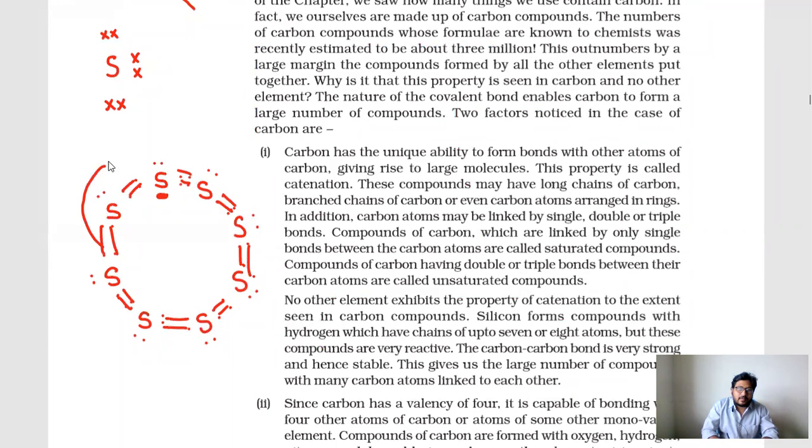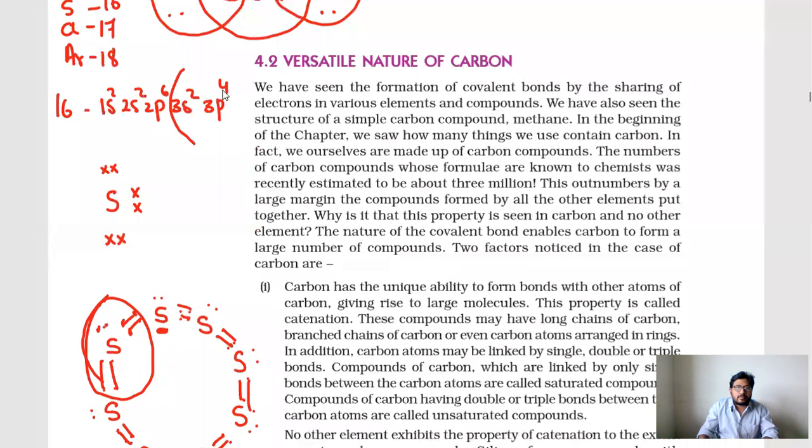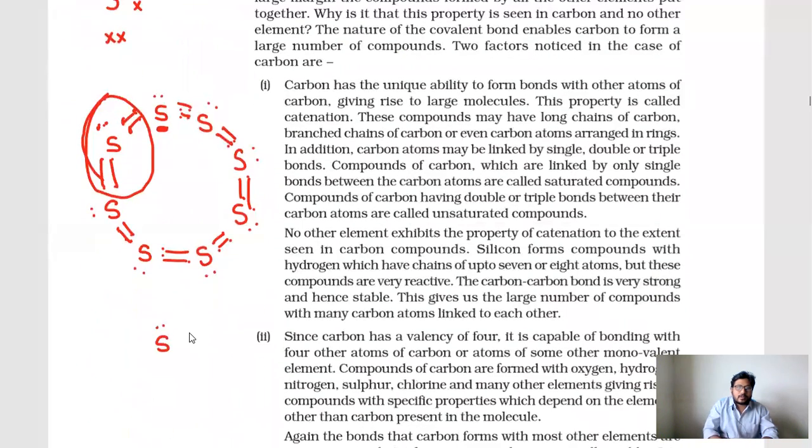For this sulfur, you can draw one big circle like this. You can count 1, 2, 3, 4, or else something like that it will form. So like that it can be formed. You can see 1, 2, 3, 4, 5, 6 is also correct.